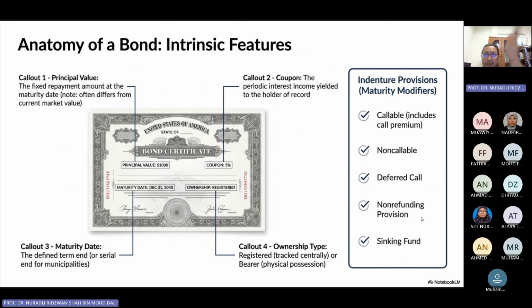Then at the second month, 5% is on 500, then another one is on 250, then the last one, you only get the 5% coupon on the 250 principal. So that is sinking fund.